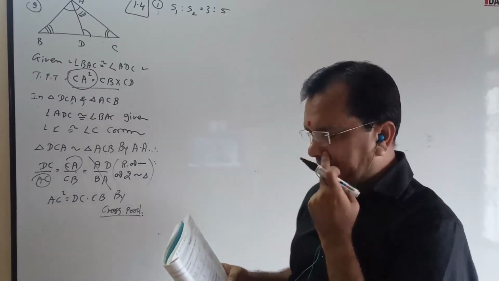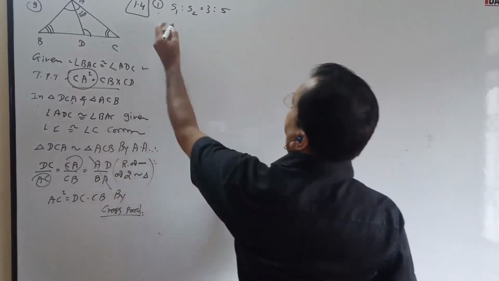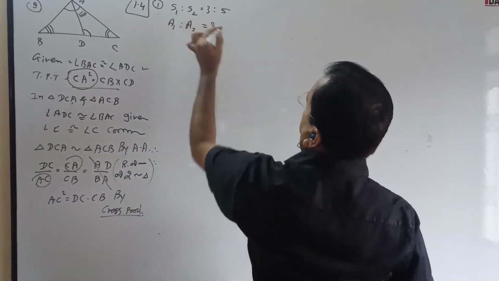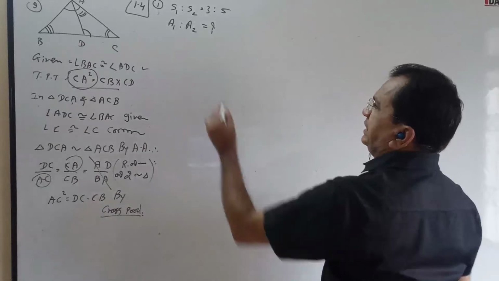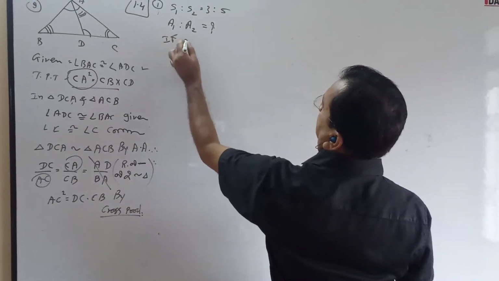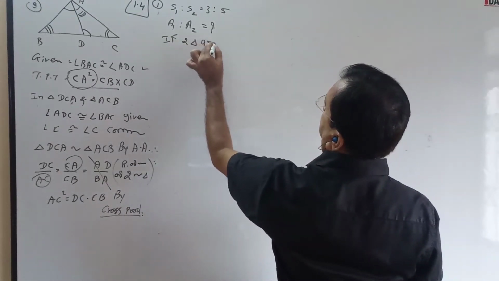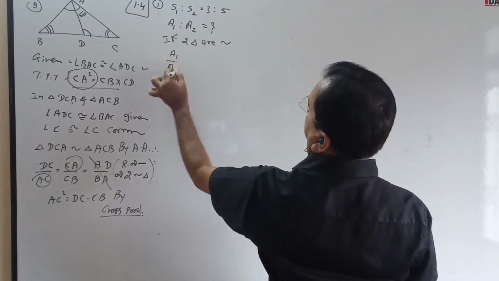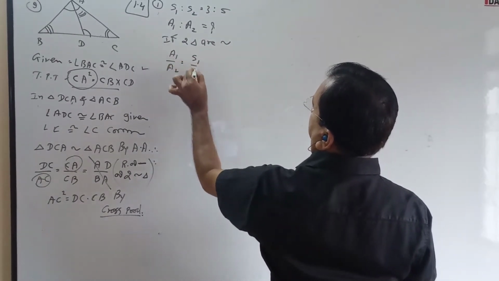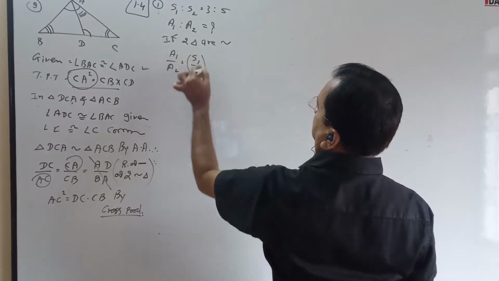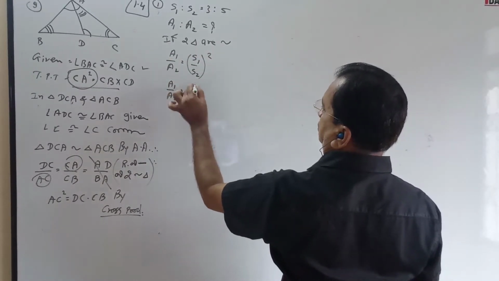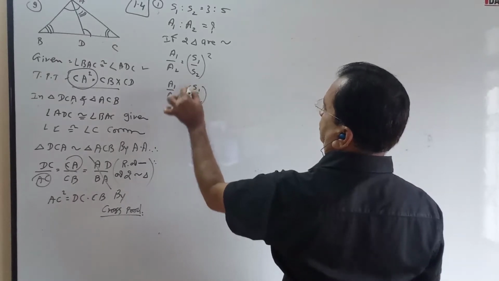But in that, the same question was given. If two triangles are similar, area 1 by area 2 is equal to side 1 by side 2, squared.